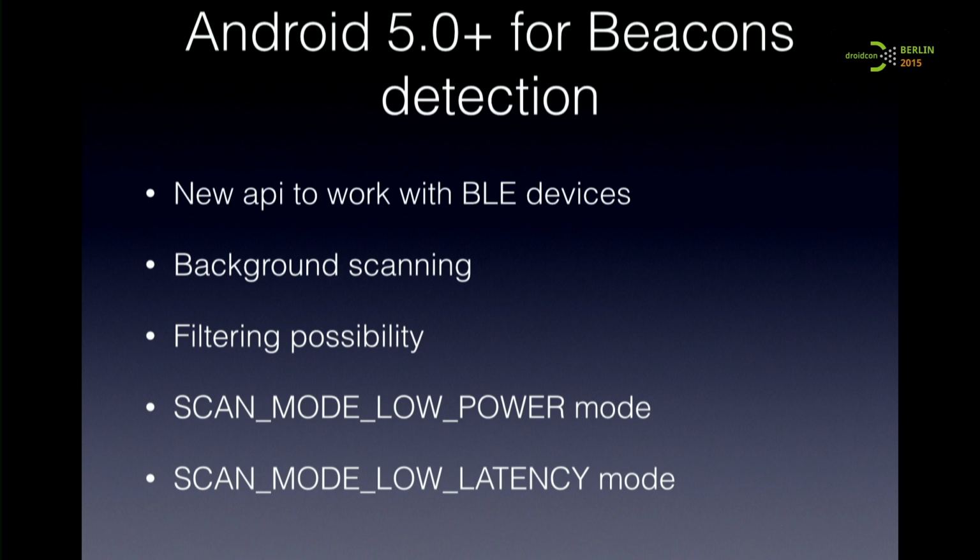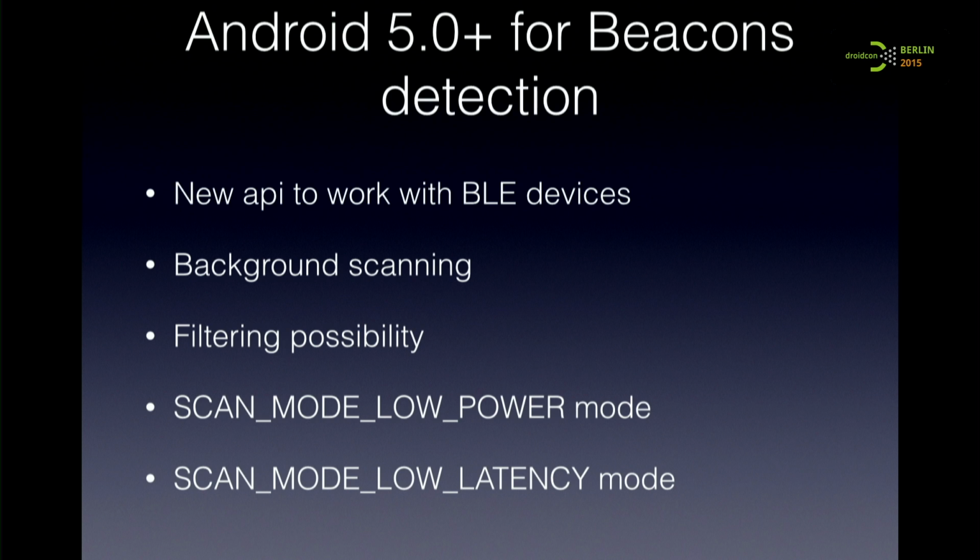You can select some UIDs, some other properties, and scan not all devices, but only devices matching the selected filters. Also, scanning is implemented in a background thread, and this also helps reduce power consumption.